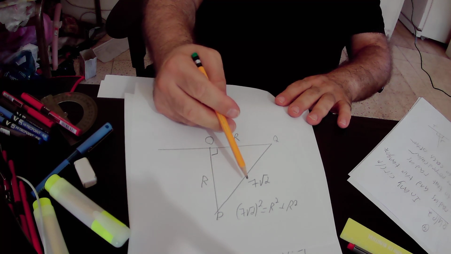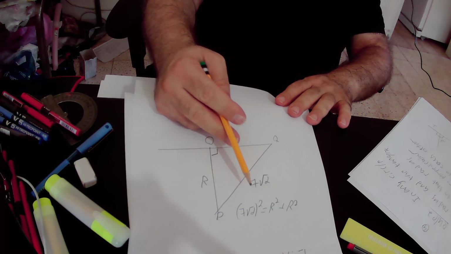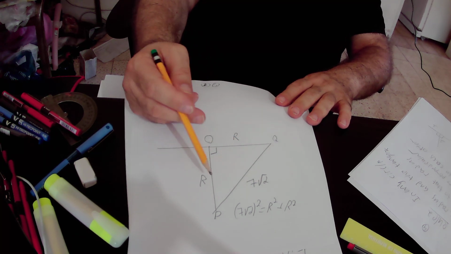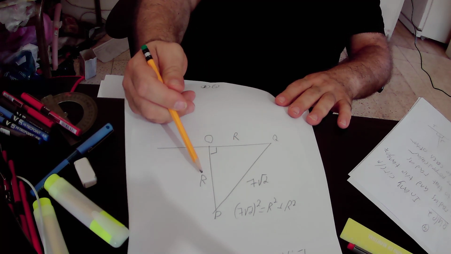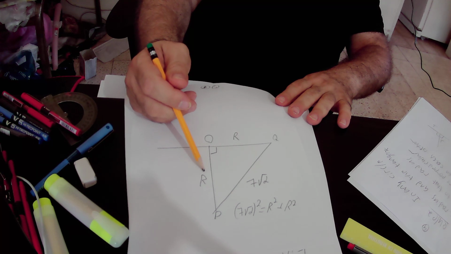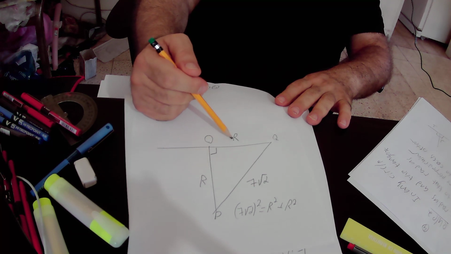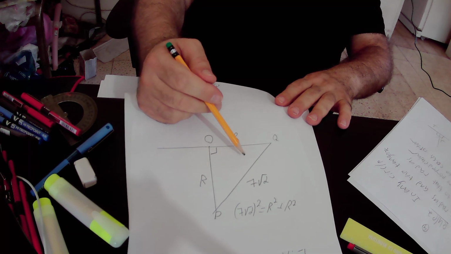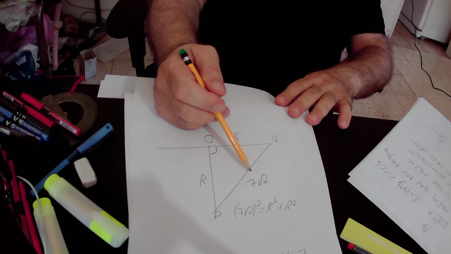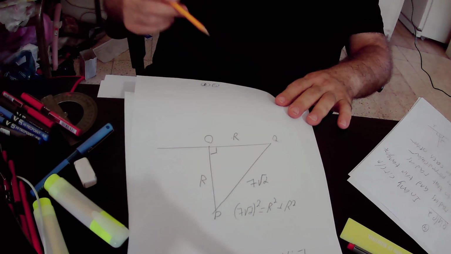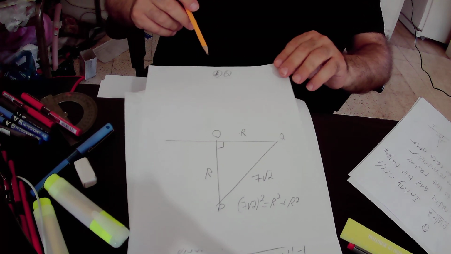So 7 root 2 squared is equal to the sum of the squares of the perpendiculars. That is to say, r squared plus r squared equal 7 times root 2 squared. That is the Pythagorean theorem.